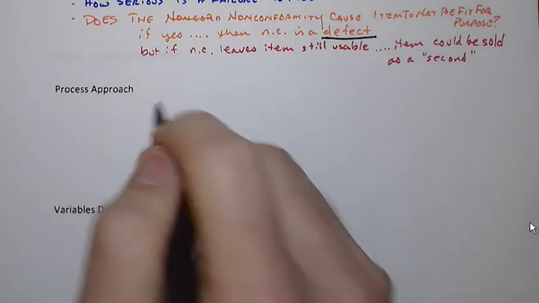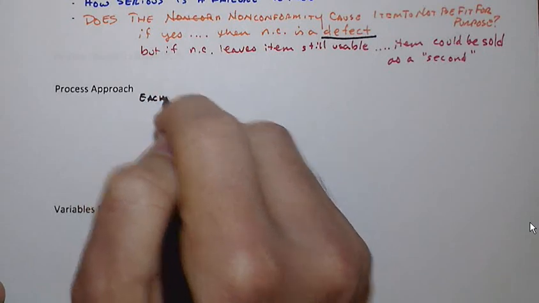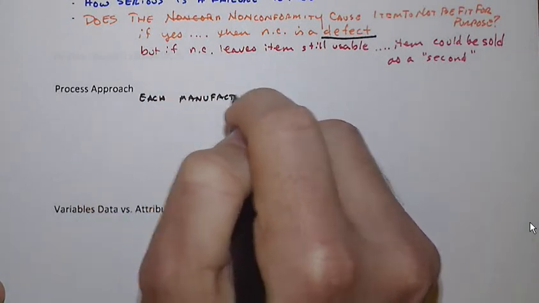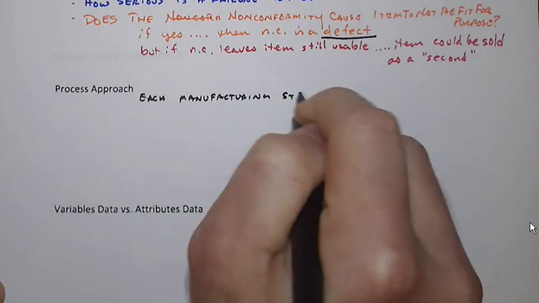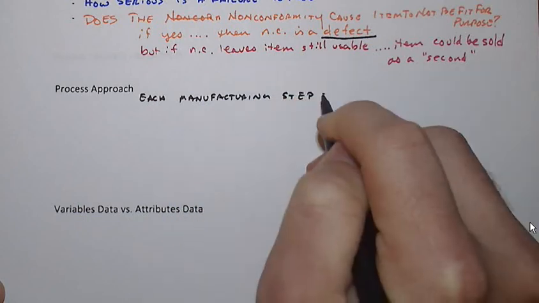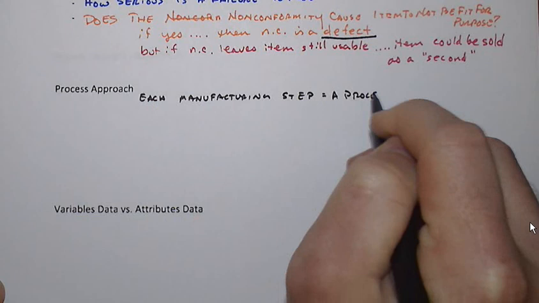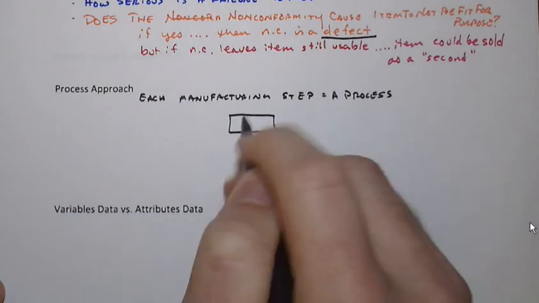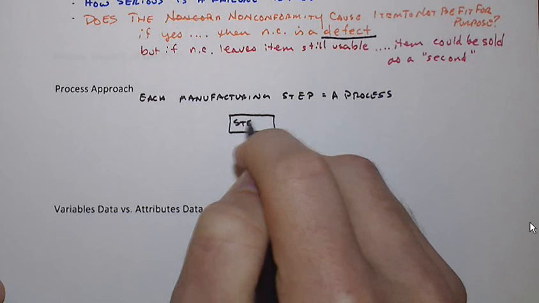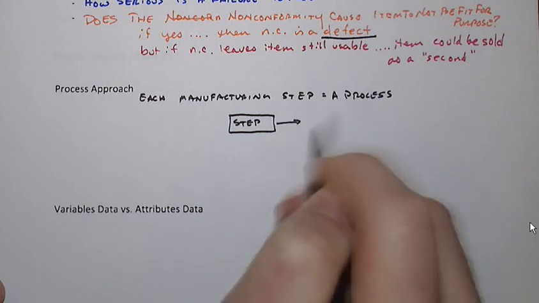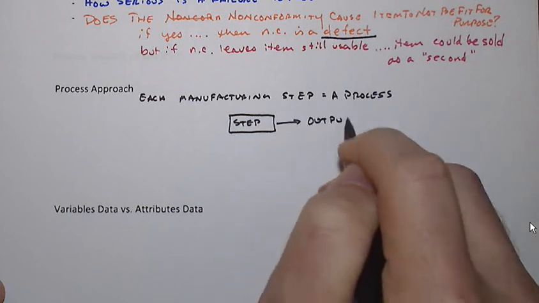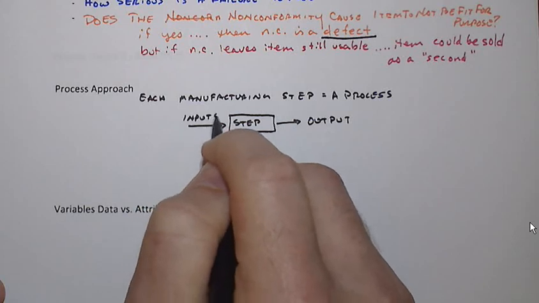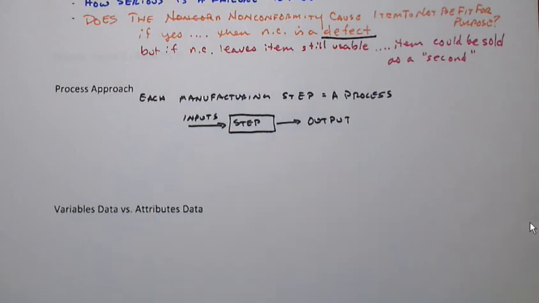That each, for instance, manufacturing step is a process, and from a flowchart kind of viewpoint, here's our step or our process, and there's going to be some sort of output to that, and of course there's going to be inputs into that particular process or step.